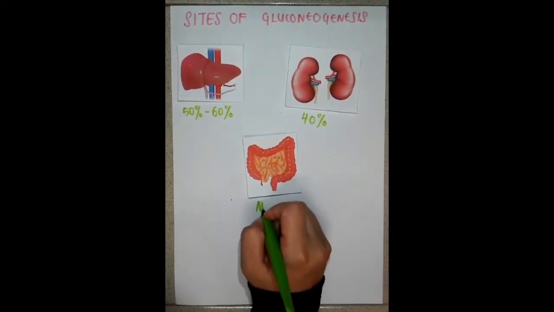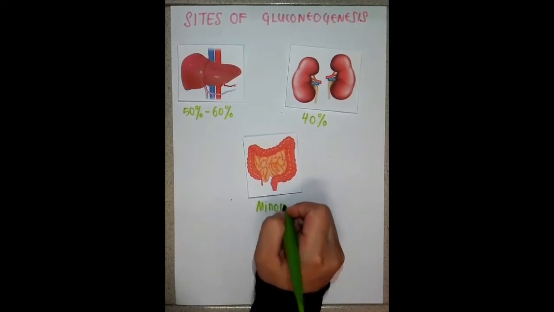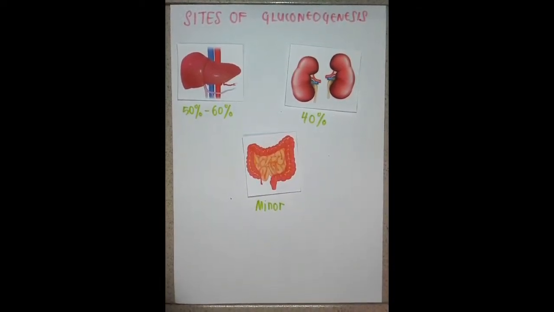The process of gluconeogenesis only occurs minorly in the intestine.